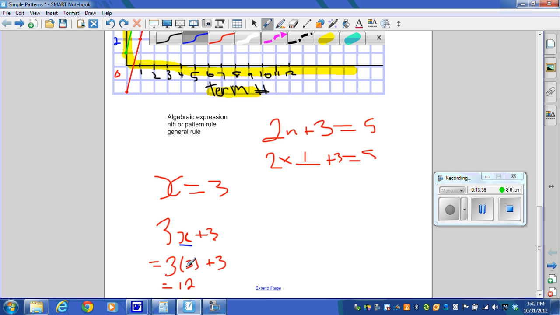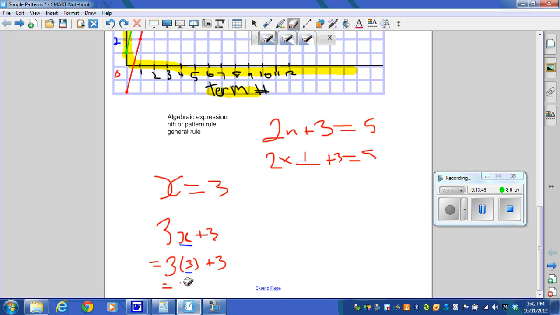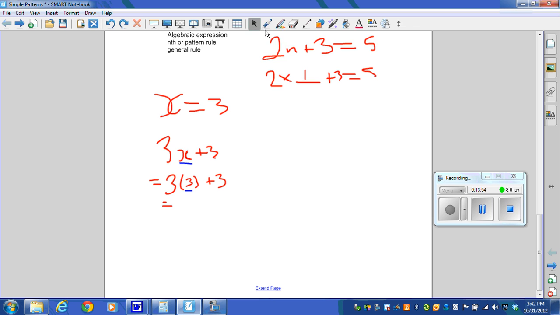It's multiplication there, and then we simply multiply out. 3 times 3 is 9, plus 3 is 12. Now, I made a mistake, and if my math didn't work out, I wouldn't know what to do. So I'm going to show you, showing all of your steps. I should have ended up with 9 plus 3, and then equals 12. I should show this step just in case.